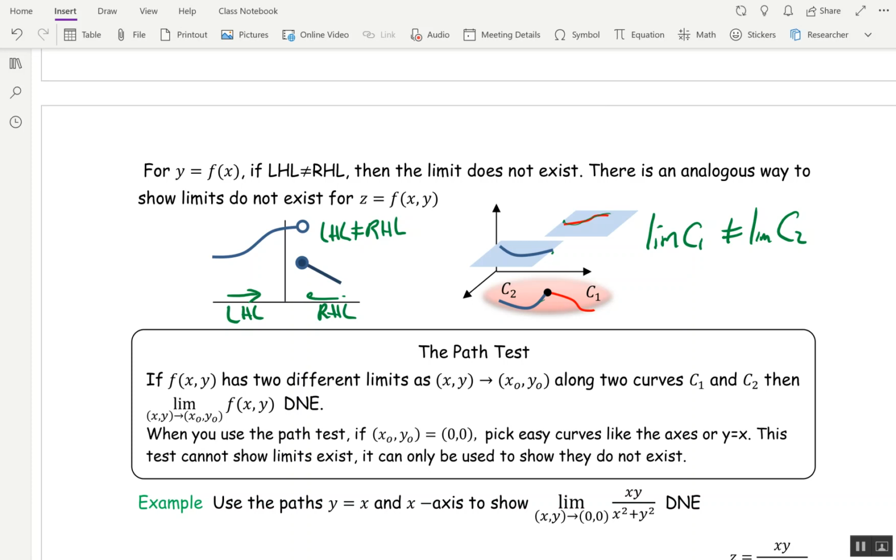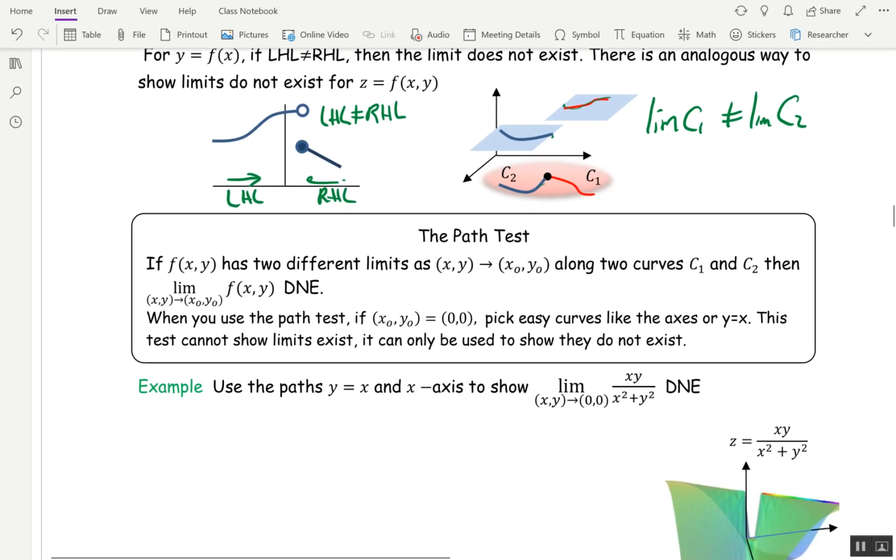This method doesn't prove a limit exists, it only proves one doesn't exist. It's called the path test. If f of (x, y) has two different limits along C1 and C2, then the limit doesn't exist.